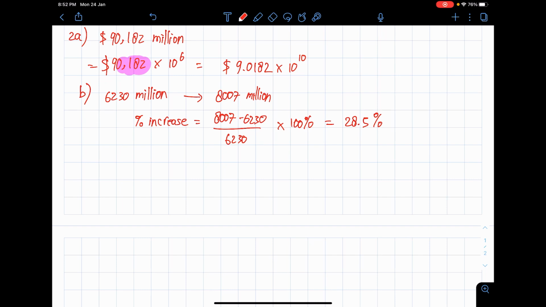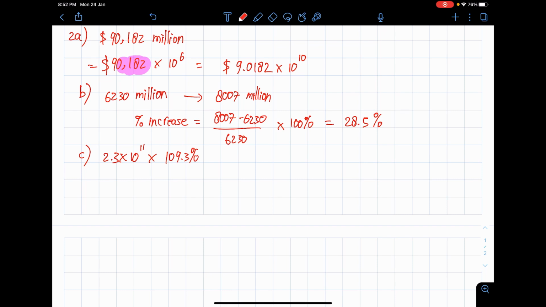Okay, next question C. The value of machinery and equipment exported from Singapore was some amount. This had increased by 9.3% in 2017. So you're going to increase it by 9.3%. Well, you take the original value, then you multiply by 100 plus 9.3, meaning to say you put 109.3%.